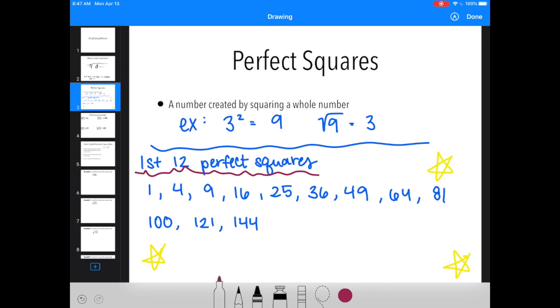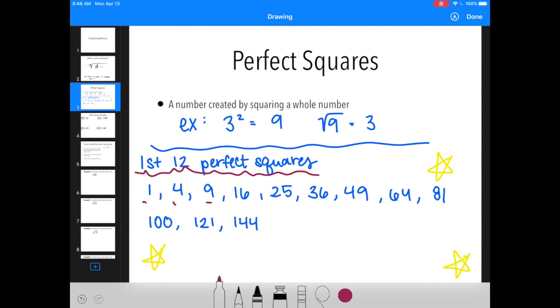So if I take the square root of 1, I get 1. Square root of 4, I get 2. Square root of 9, I get 3. So you kind of catch on to this trend. It's taking the square value of the first 12 numbers.